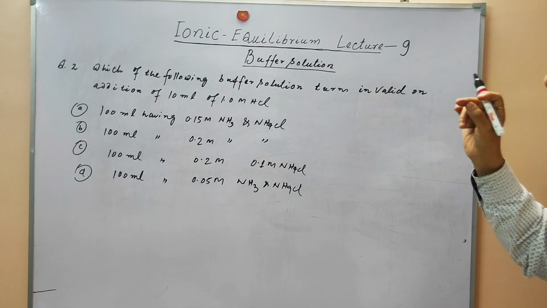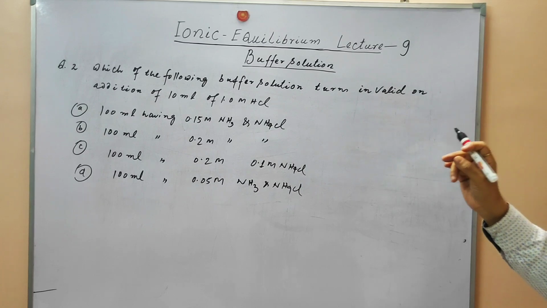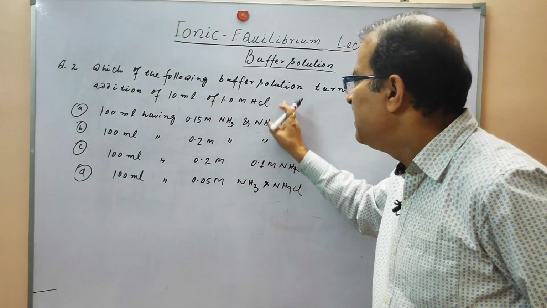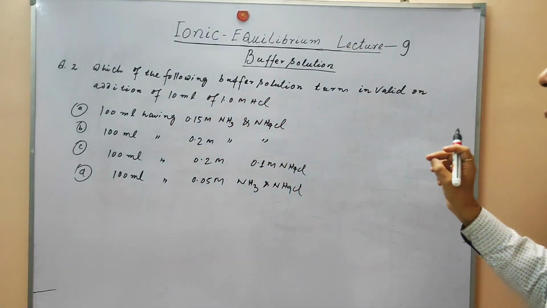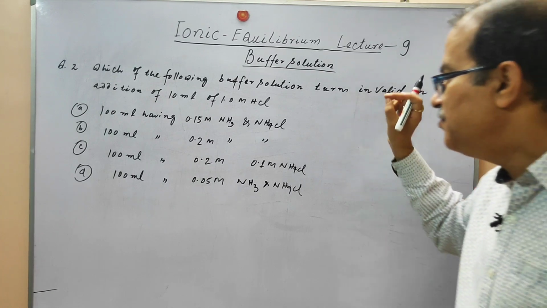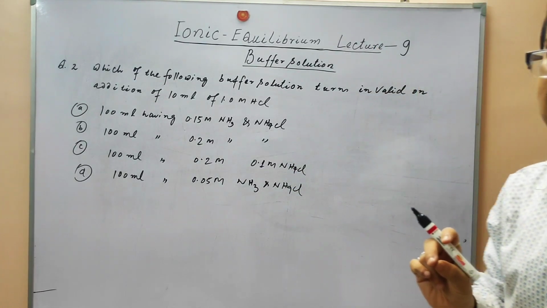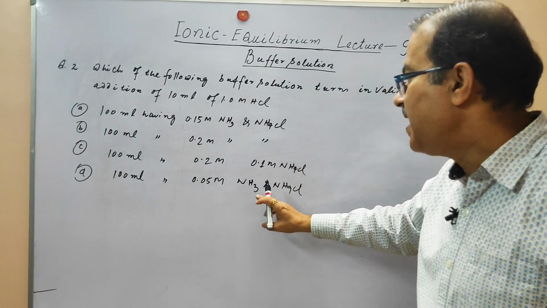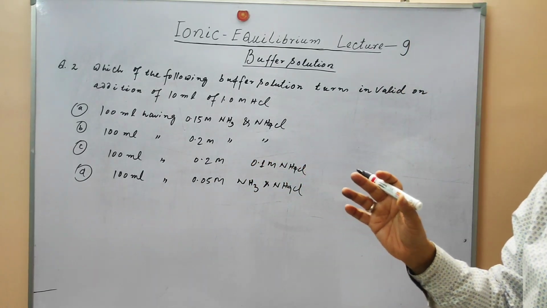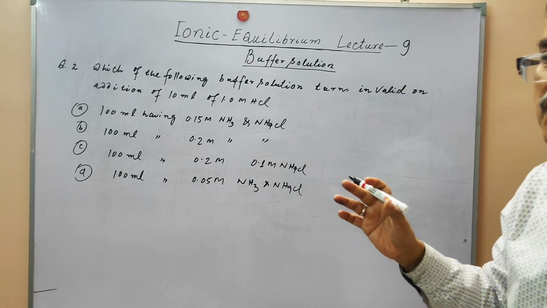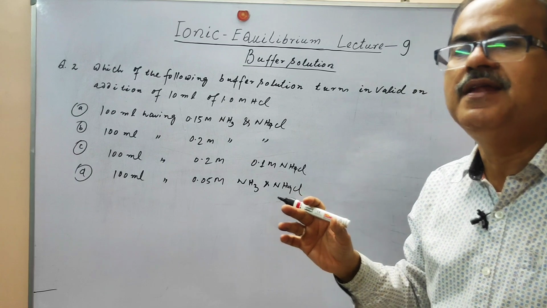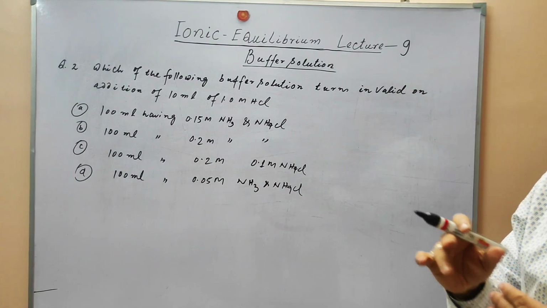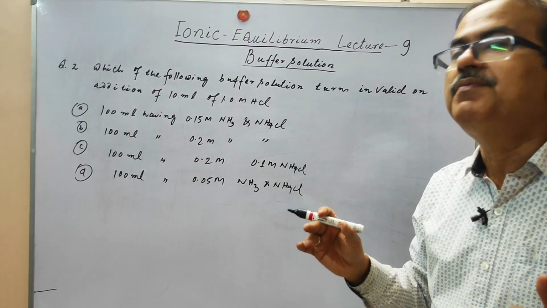So we have to see in which solution this amount of HCl will totally neutralize this ammonia, and so after the neutralization the solution will be left with only ammonium chloride. So ammonium chloride is not a buffer solution.